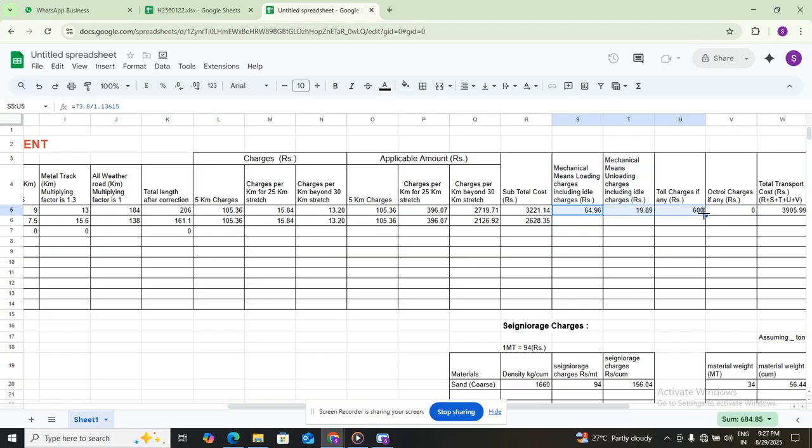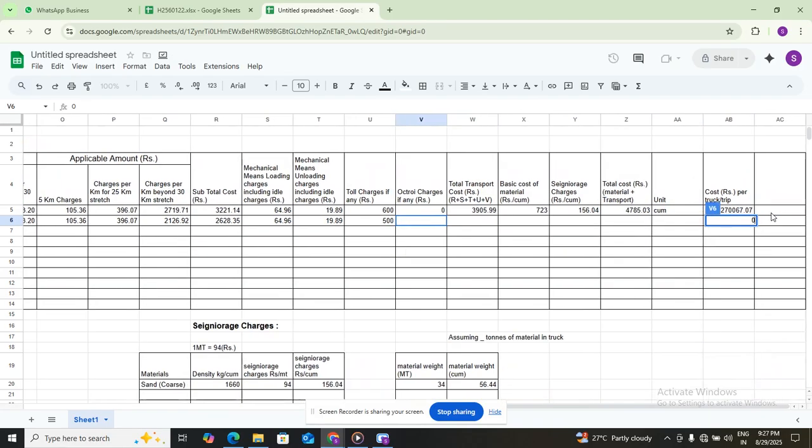Toll fee I consider as 400, and this I consider 0. So 3201, 3.2 is the total transport cost, including loading, unloading, all charges.